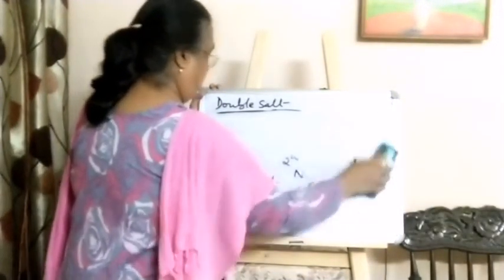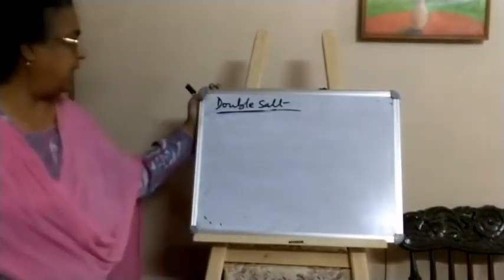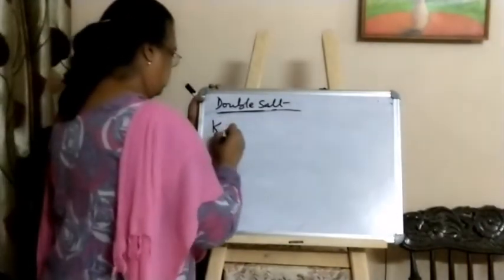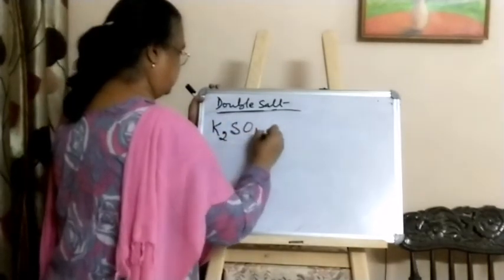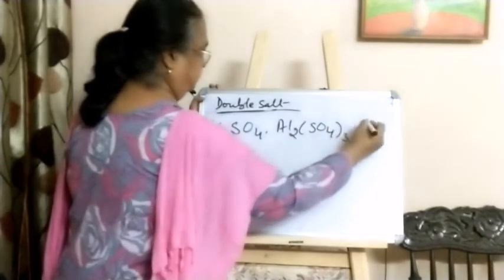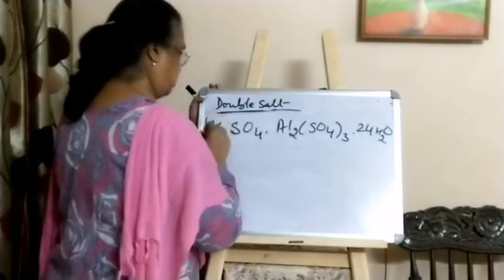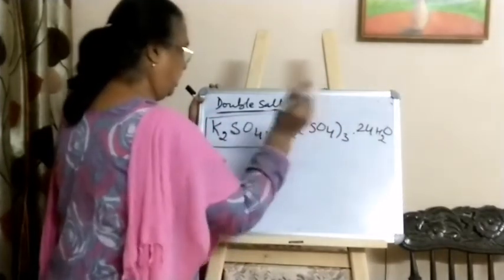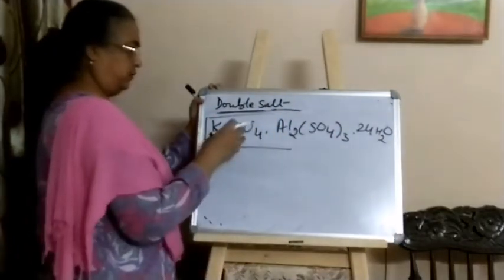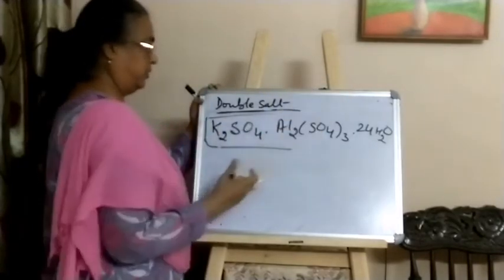A double salt in the solid state will have its own set of properties. If the salt, potash alum, is not put in water, then as a whole it will not have the properties individually of this salt or of this salt. It will have its new set of properties.